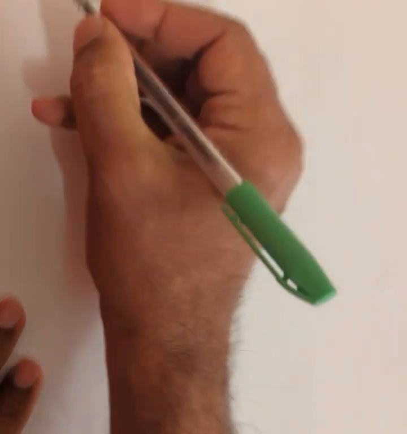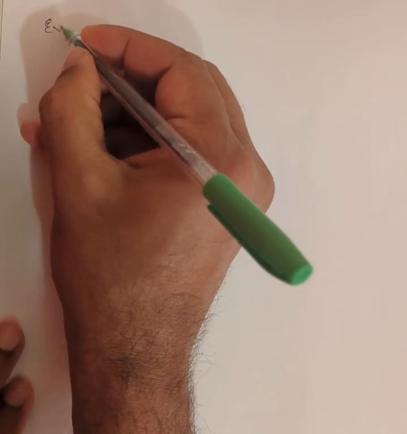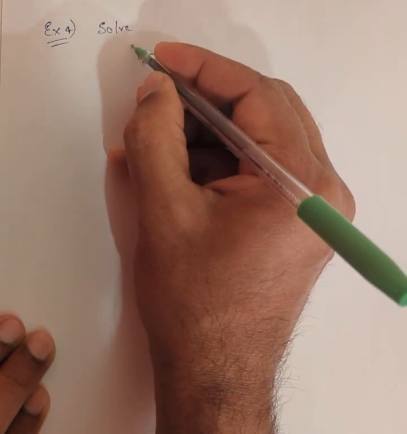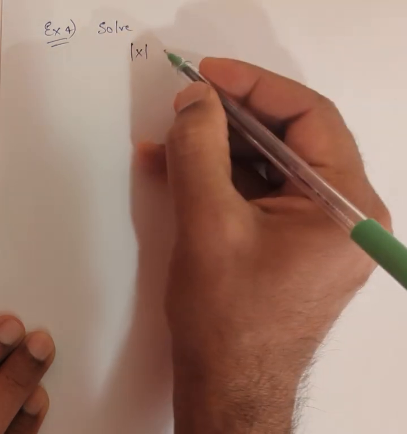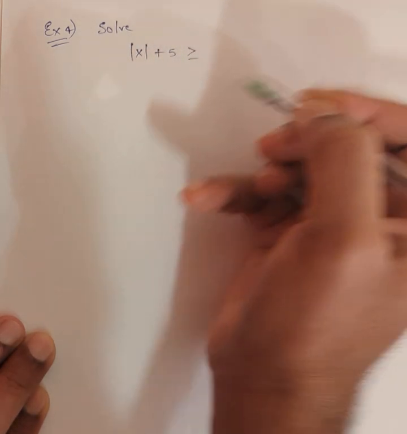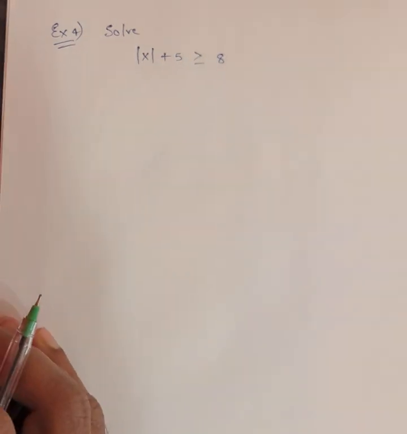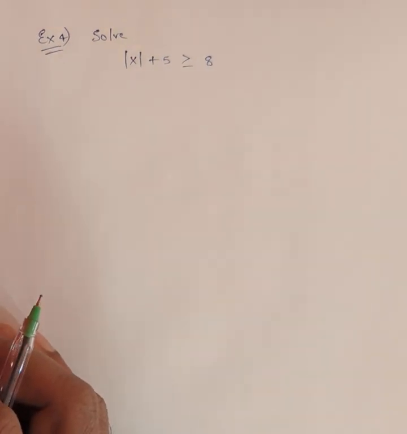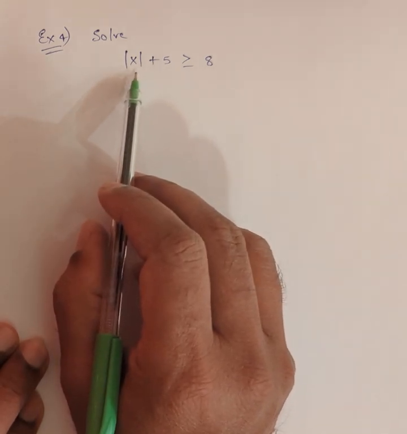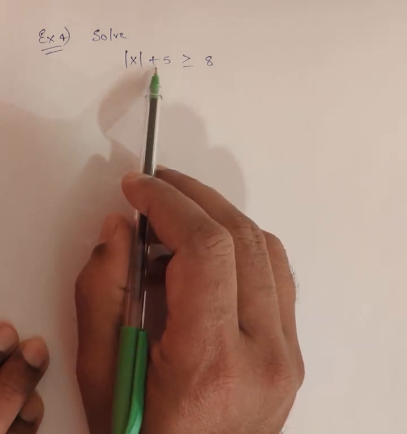All right, let's look at one other example. Example 4. Now this time, I'm going to say solve absolute value of x plus 5 is greater than or equal to 8. In this problem, we have something more than just absolute value of x on this side of the inequality.